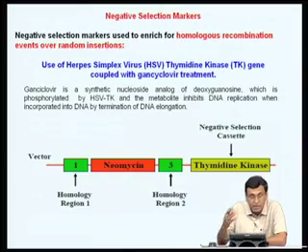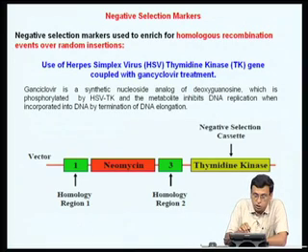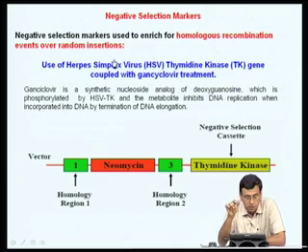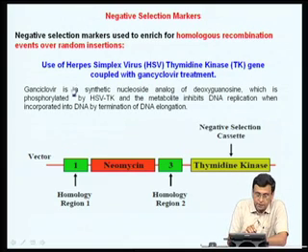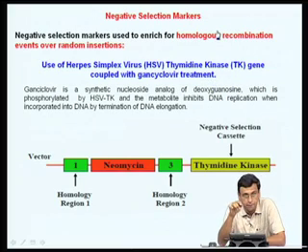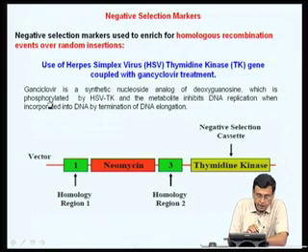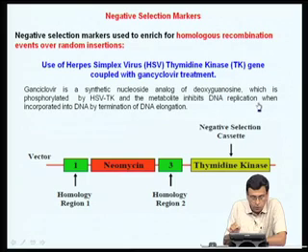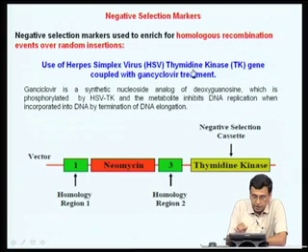Now, what are negative selection markers? Negative selection markers are used to enrich for homologous recombination events over random insertions. Usually, the herpes simplex virus thymidine kinase coupled to ganciclovir treatment is used as a negative selection marker. Ganciclovir is a synthetic nucleoside analog of deoxyguanosine, which is phosphorylated by this viral thymidine kinase.